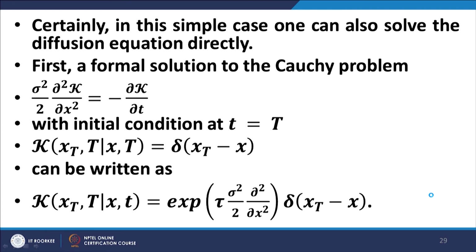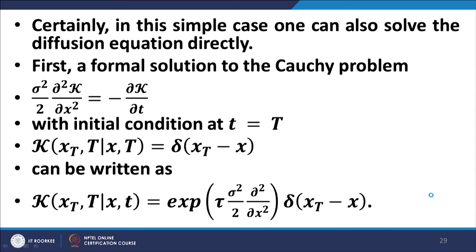This can be verified by solving the diffusion equation without drift in another manner, and then comparing the two results. We use the initial condition that we had postulated earlier, and that enables us to write the value of k as exponential of this operator acting on the Dirac delta function, as shown in the last equation here.